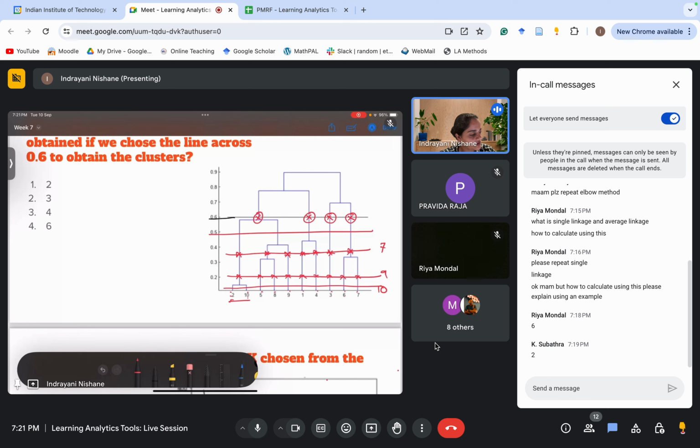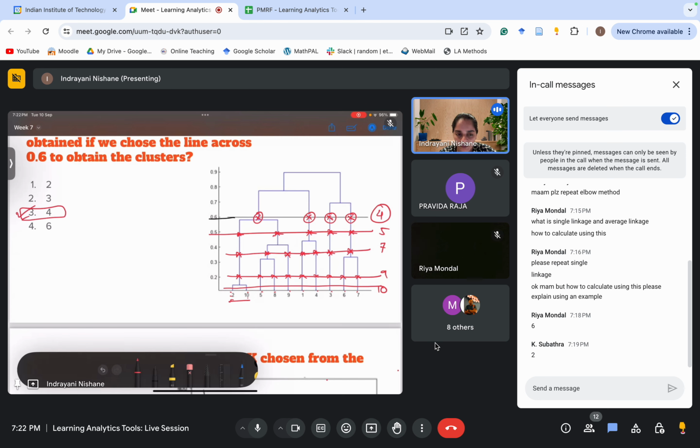Here at this point, 1, 2, 3, 4, and 5 clusters. And now these two clusters are getting merged into one. So at point 6 it becomes one cluster, two clusters, 3 and 4. So our answer is number of clusters are 4.